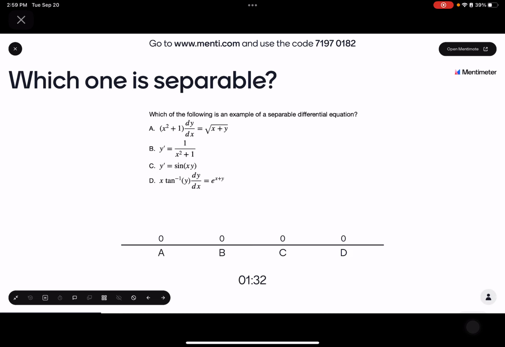Around 1 minute and a half. So the question is, which one is separable? You need to remember the property of separable, so maybe you can try to separate. The one that can be separated will be the answer. Okay, 50 seconds.